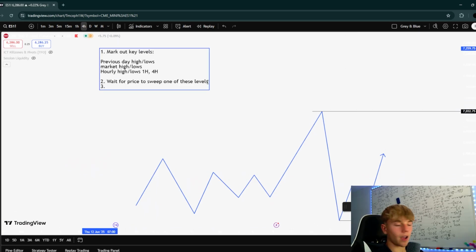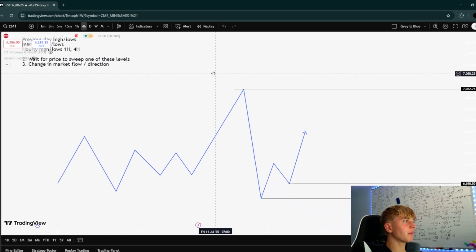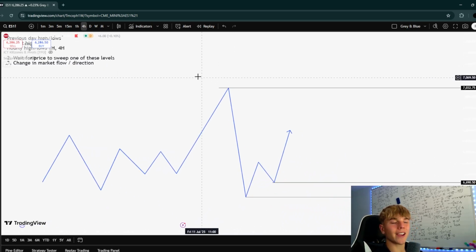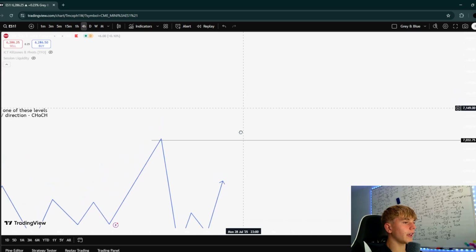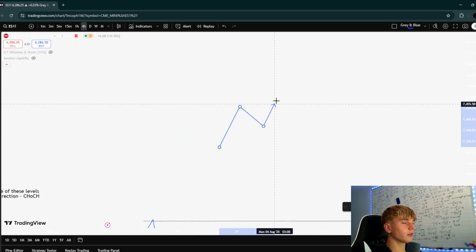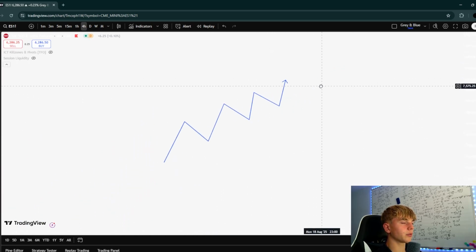The next thing I do is I wait for a change in market flow, or direction if you want to make it sound easier. Change in market flow is very simply a change of character, as some people call it. Now, what this means is, let's say price is moving in an uptrend, higher highs, higher lows, pretty simple stuff.